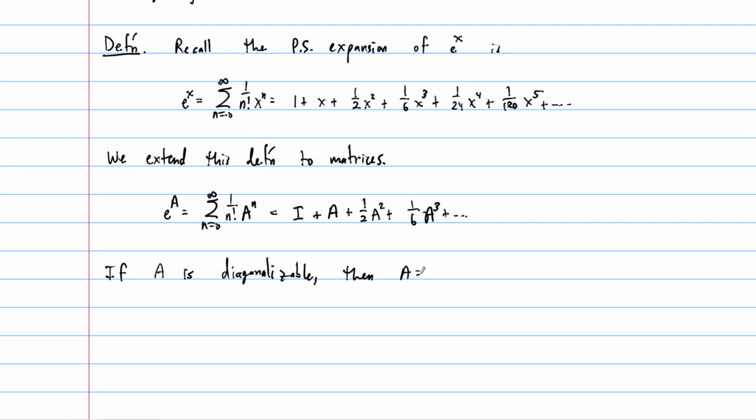then remember, A is equal to X D X inverse, and we just worked out that A to the power n is X D to the power n X inverse.